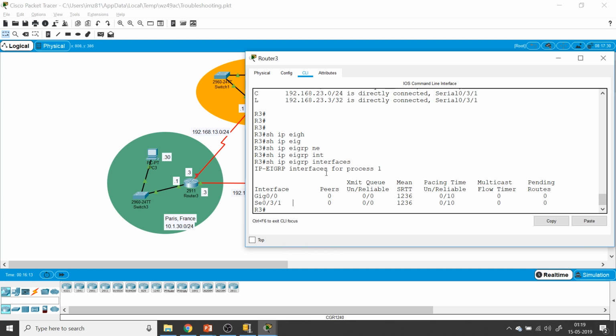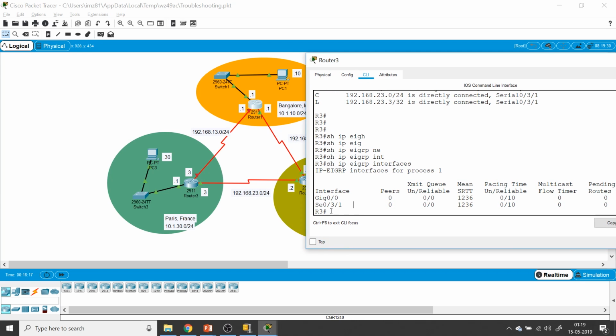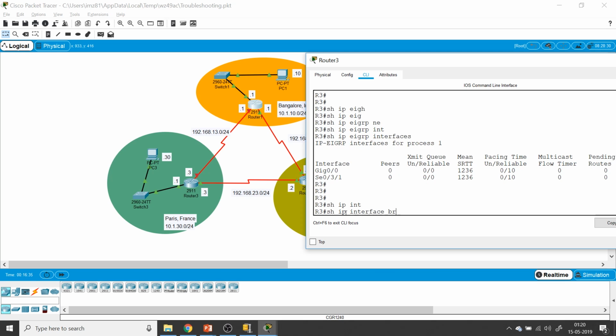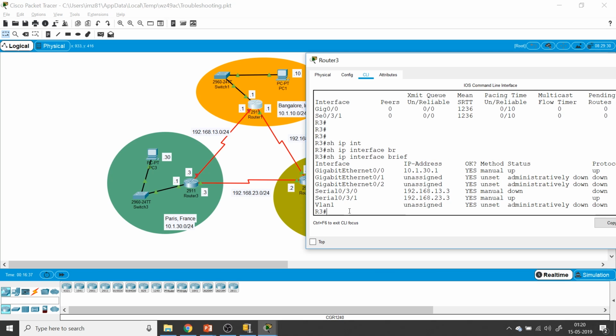We see EIGRP is working on serial 0/3/0. So I think this is the interface and not that one. So show IP interface brief, and we see this is in fact down.